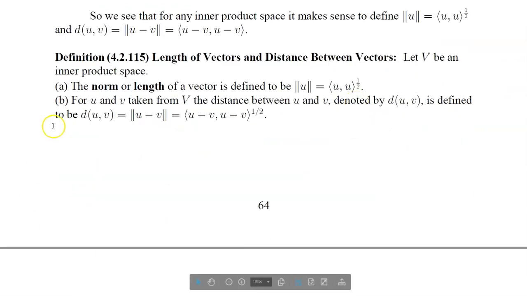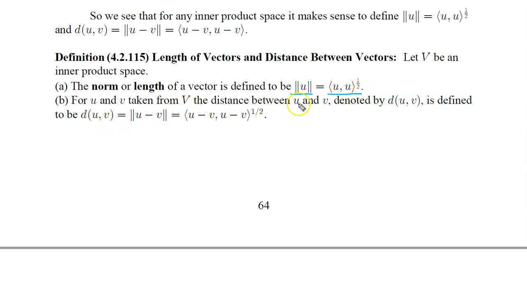And so this discussion leads to the following definition for the length of vectors and distance between vectors in any inner product space. We simply define the norm or length of a vector in an inner product space like this: the norm of u is equal to the square root of the inner product of u with itself.